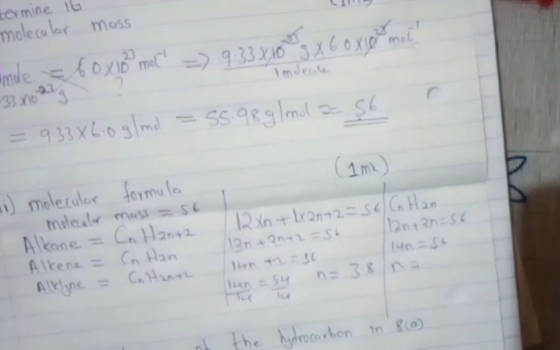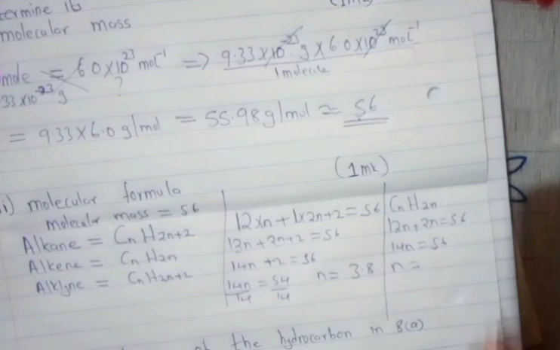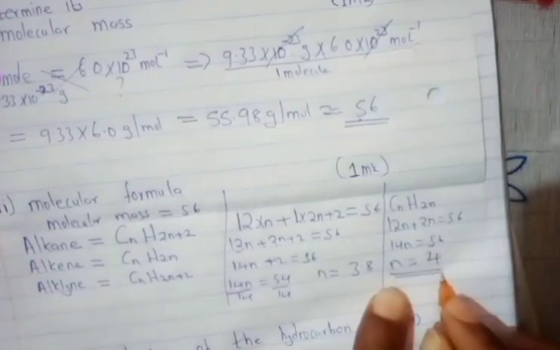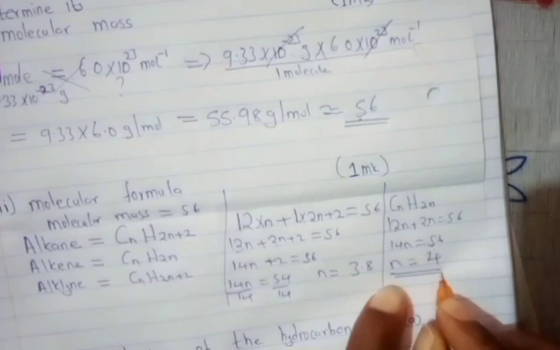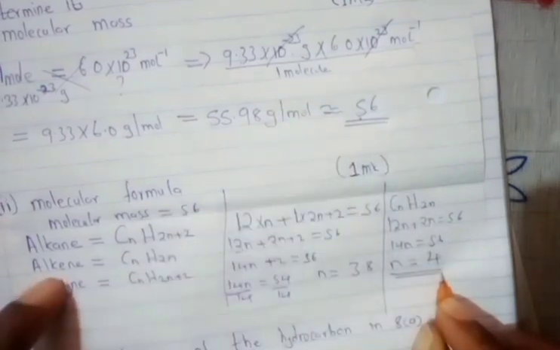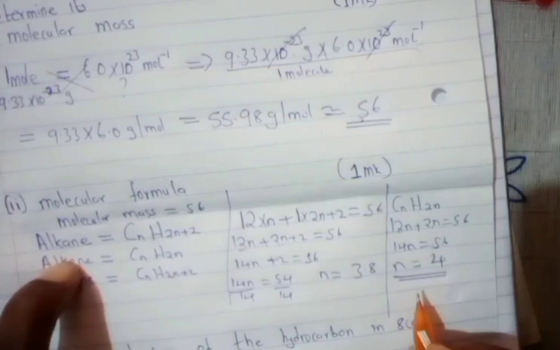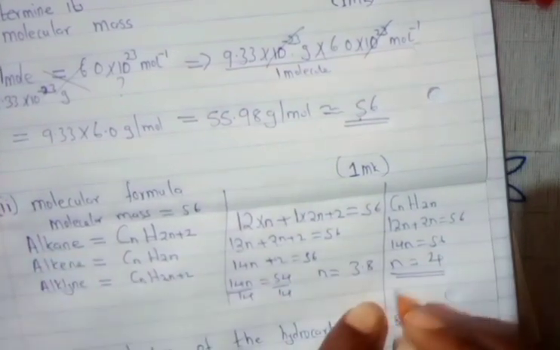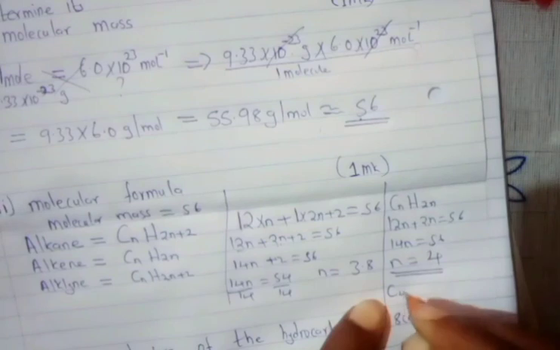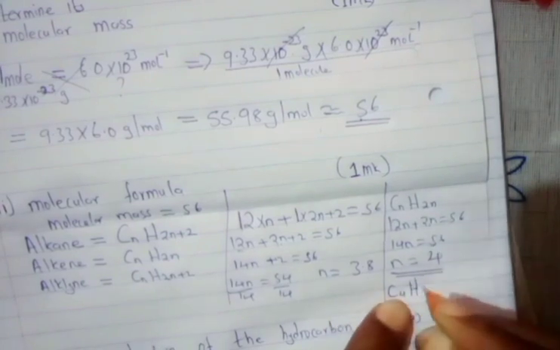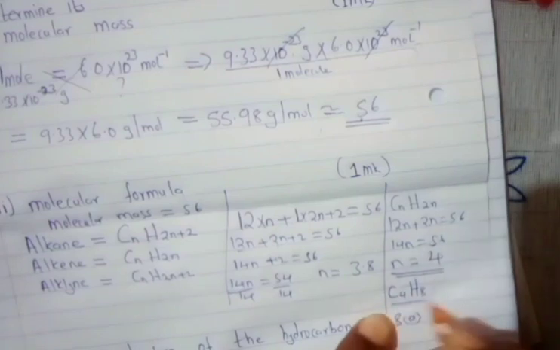Use your calculator, you'll get 4. So n is equal to 4. Now, because we have gotten a whole number, it means this hydrocarbon is an alkene. So the molecular formula will be, because n is 4, C4H2n, that is 2 multiplied by 4, that is 8. So this is the molecular formula.